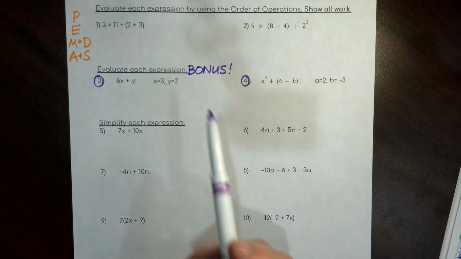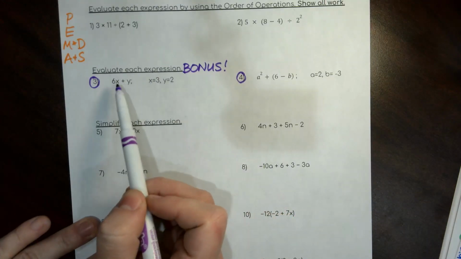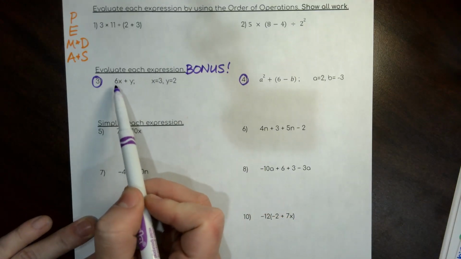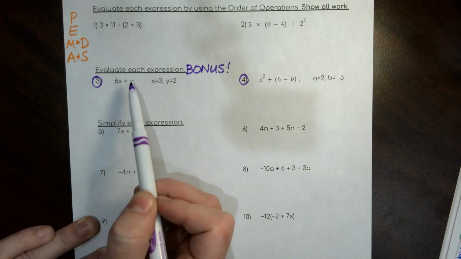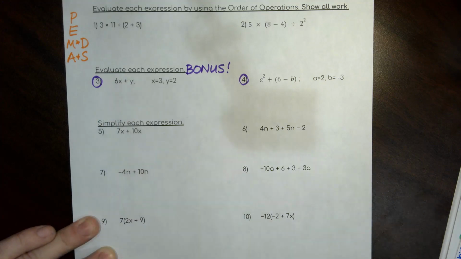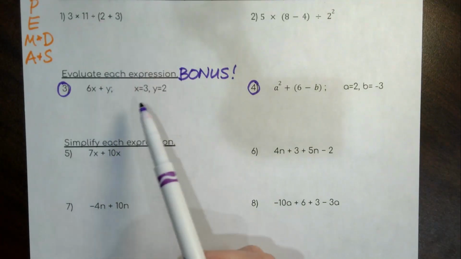Okay. So whenever we're solving these, you're going to have something like on number 3, 6 times x plus y. All you're going to do here is look at the x and the y that is already provided to you.